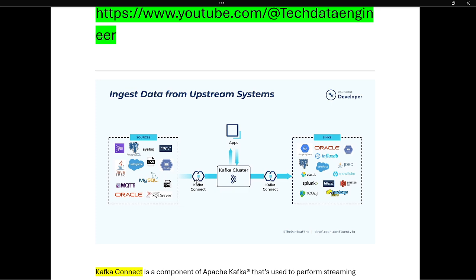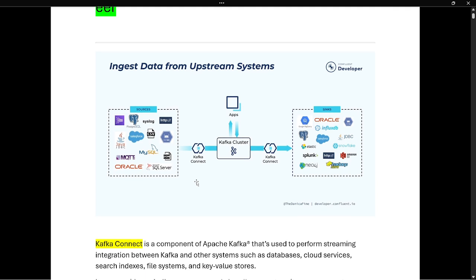Kafka Connect is a component of Apache Kafka that is used to perform streaming integration between Kafka and other systems. Based on your source system, suppose we have Postgres, Salesforce or Java JDBC, we have the Kafka Connect connectors. For the source system we connect the connectors, and from Kafka Connect we have the integration with Kafka topics, that is the Kafka cluster, or you can say broker also.